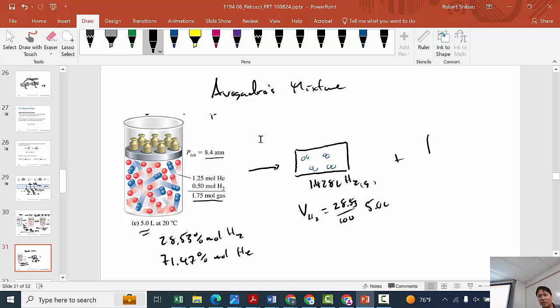plus the volume fraction of helium. Helium is monatomic. Which will be the balance, or we could calculate it. The volume of helium will be the volume fraction, which is going to be 71.47 out of 100 of 5 liters.